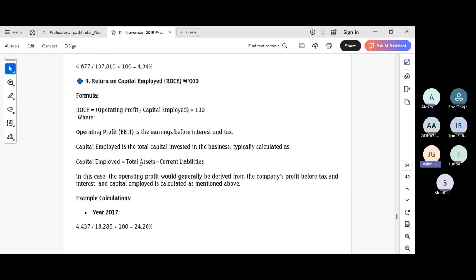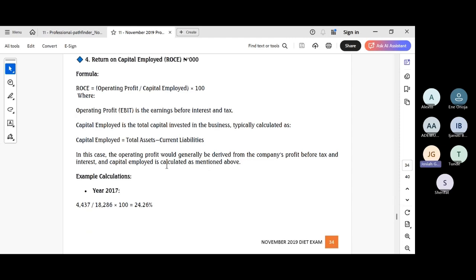Operating profit is the earnings before interest and tax. But you see, capital employed is total capital invested in the business. So you could use total assets less current liabilities, which is majorly used. Some use total assets less total liabilities. And the third variant is not popularly used, but in case, the operating profit would generally be derived from the company's profit before tax and interest; the capital employed is definitely mentioned above.